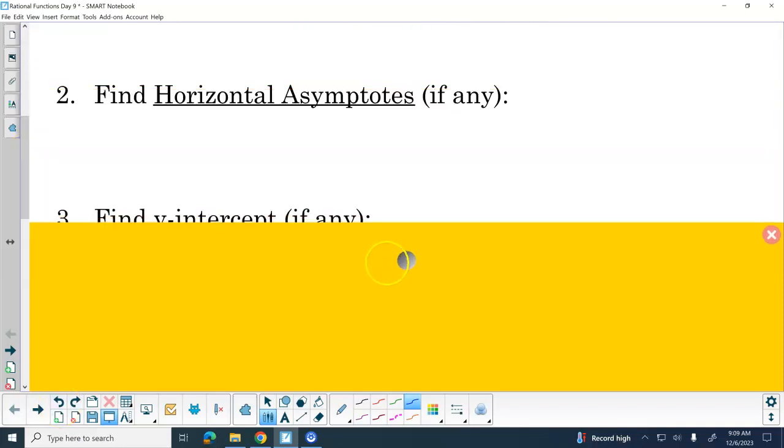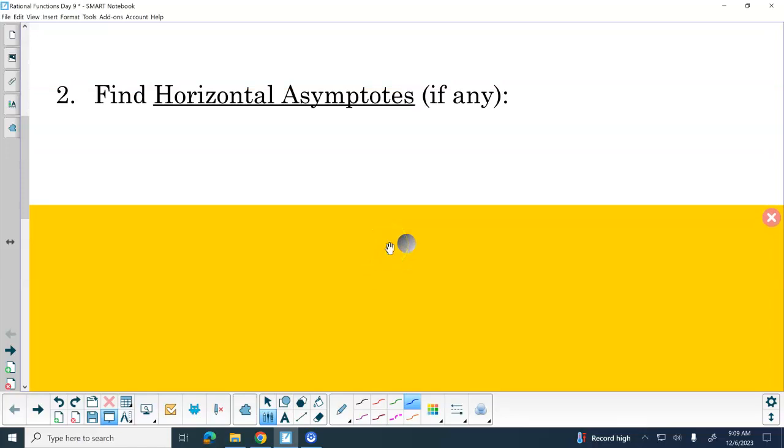Okay. Horizontal asymptotes. How do we go about finding horizontal asymptotes? Degree. What are my 3 comparisons? Tap the brakes. Big over small is what? None. Okay. But what do we have to look out for on that one? Okay. Next one.